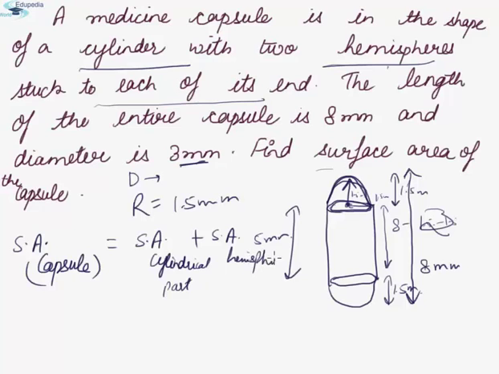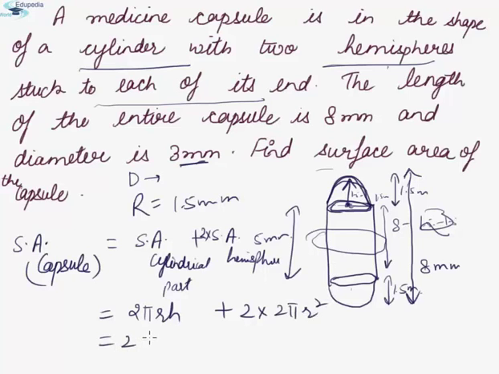Since we have two hemispheres, so it will be 2 into surface area of the hemisphere. Now for cylindrical part, surface area is just the curved surface area, because these circles here are in the interior of this capsule. So here it will be curved surface area, which is given by 2 pi r h plus 2 into surface area of hemisphere, that is 2 pi r square.